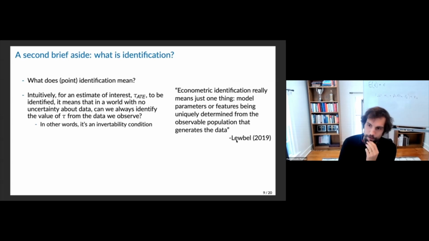Well, Arthur Lewbel has this paper in the syllabus called the Identification Zoo, where it's basically one long paper complaining about all the ways that the term identification is abused by empirical people, which is totally fair. And really, econometric identification means one thing. It means that you can identify parameters uniquely from an observable population that is generated in the data.